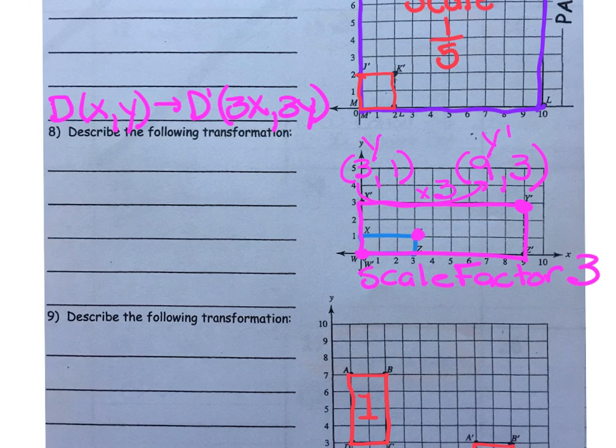Clearly, this is not a dilation. It is not a reflection. It hasn't been flipped. The images are facing the same way, and it's certainly not a turn or a rotation. In this case, we have the slide or a translation.